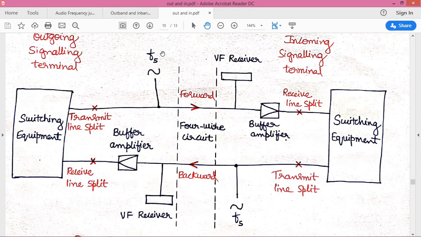Please note, previously, before the call arrives at the system, there exists a continuous control signal being sent in both directions. Once the call request comes in, the control signal will be turned off. Similarly, once he answers, in order to send the backward answer signal, this control signal will be turned off.